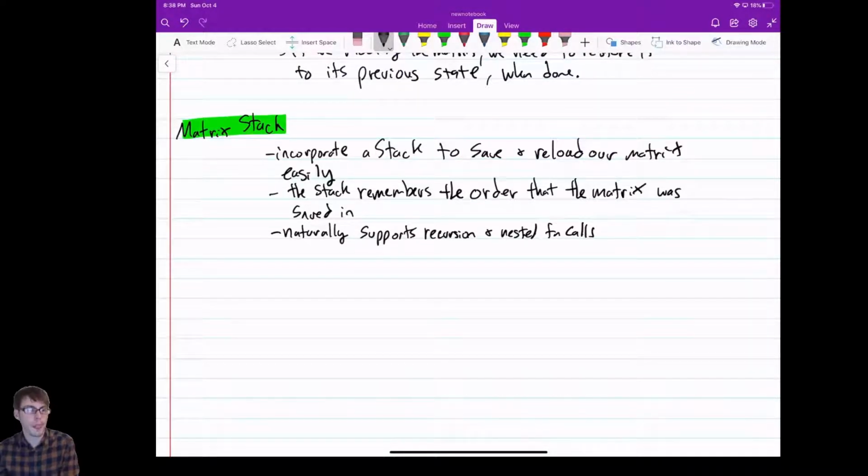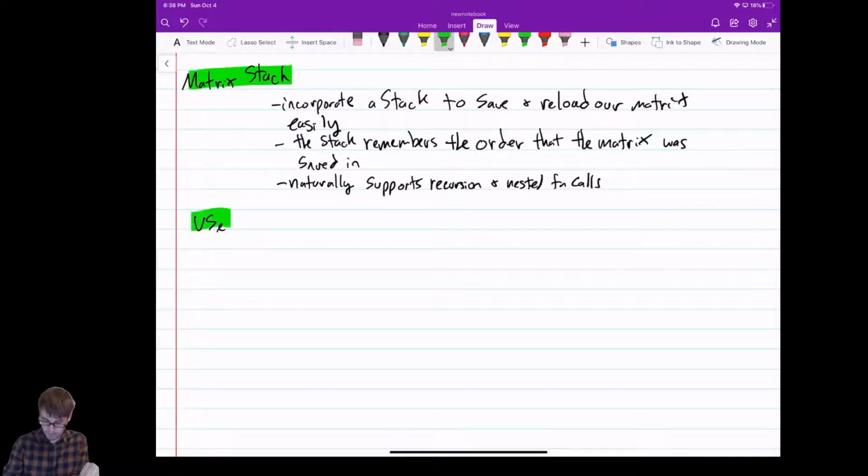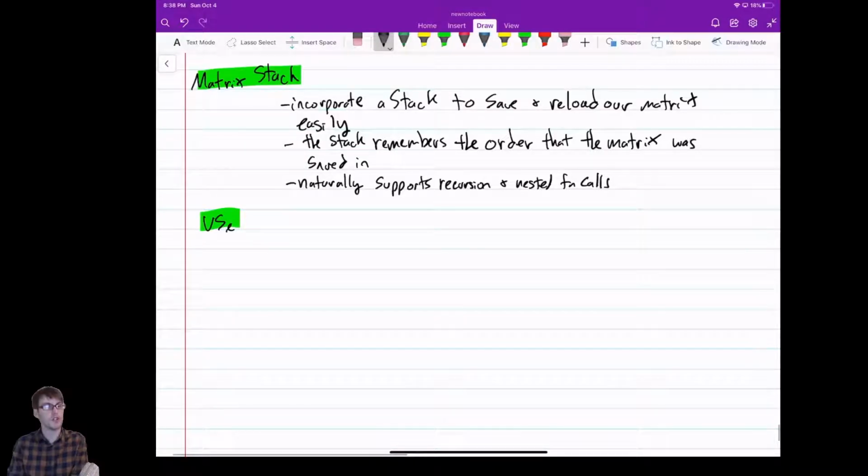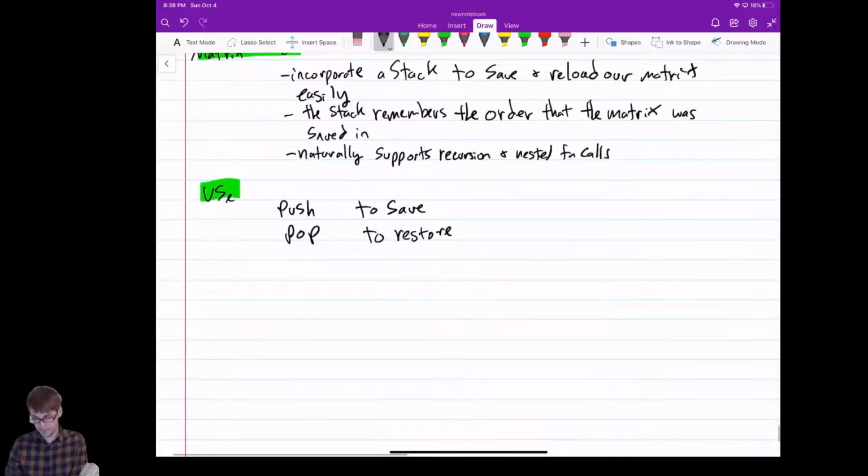Okay. So this matrix stack, as you can imagine, is really simple to use. And the way we use it is, again, really simple. We push to save the matrix, and we pop to restore the matrix. It's that simple.